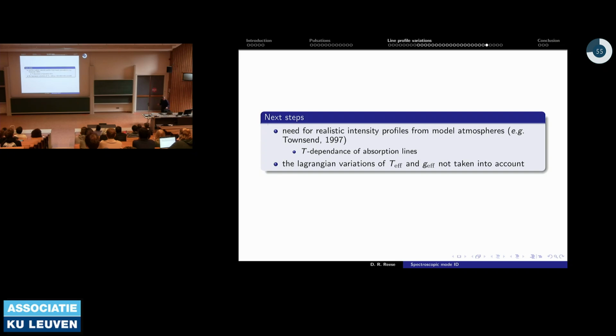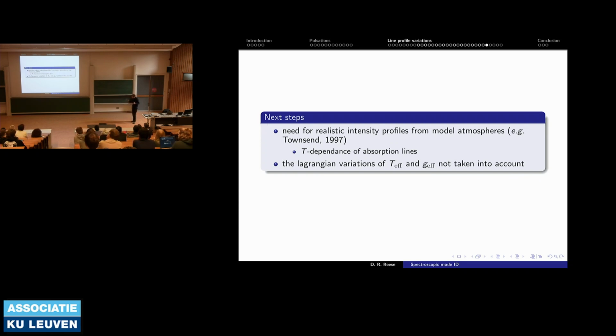Now I want to talk a little bit about the future. To make these calculations more realistic, we would need to use intensity profiles from true model atmospheres. This is important because some absorption lines depend on the effective temperature. So you might have a line that's strong near the equator where it's cooler and hardly visible near the pole where it's hotter, or conversely.